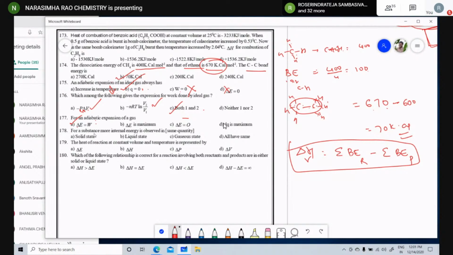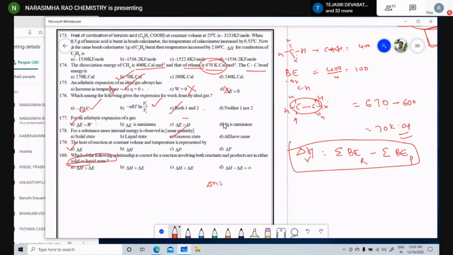Now, for a substance with more internal energy absorbed in the gaseous state, the heat of reaction at constant volume is represented by delta U or delta H. Which of the following relations is correct for a reaction in which the reactants and products are in the liquid state or solid state?